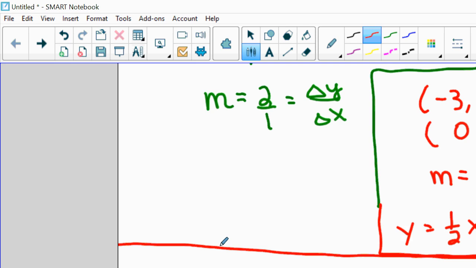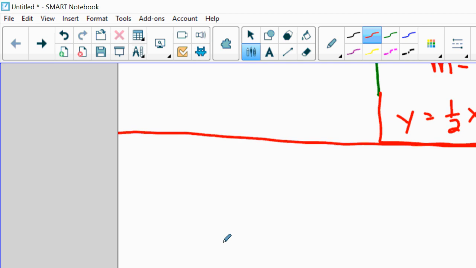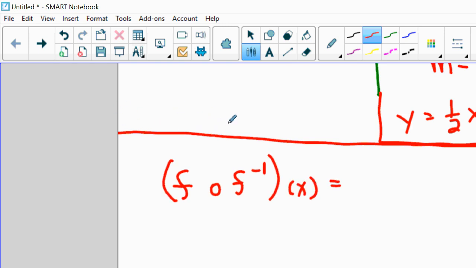Well, anyway, there's more. I would like to look at f composed with f inverse of x. Slang, f circle f inverse. Technically, composition, I don't like the circle notation. I would just wish they would write it down as is.